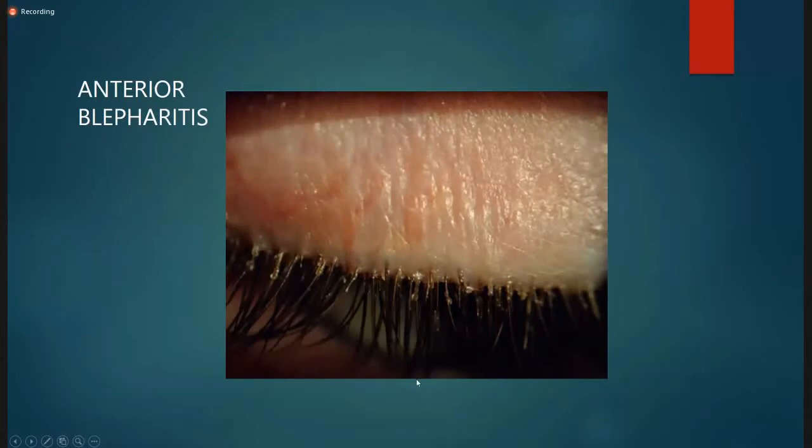This is a picture of anterior blepharitis. You can see crusting-like deposits at the lashes at its base. This is the upper lid, this is the lower lid. This is the figure showing anterior blepharitis of the upper lid.